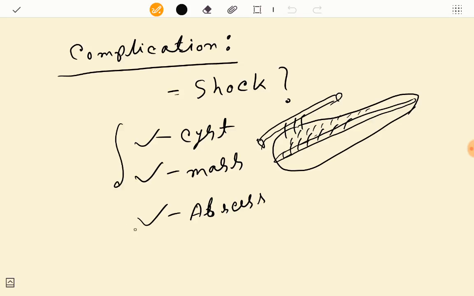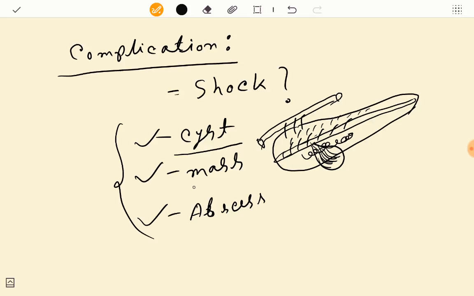So there will be a pancreatic pseudocyst. In the pancreas, fibrous tissue will form, so that may cause a pseudocyst. It's not a real cyst, meaning there is no fluid accumulation. It looks like a cyst, but it is not filled with fluid. On the other hand, it is just fibrous tissue.